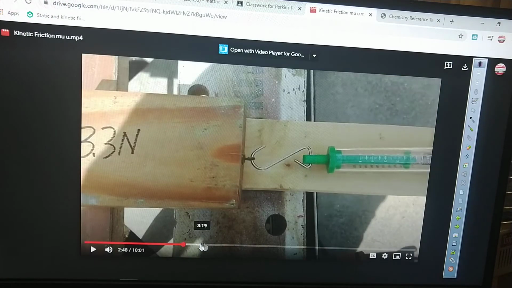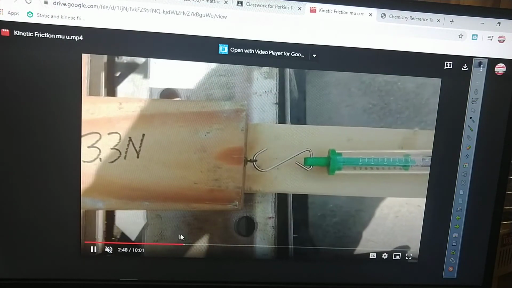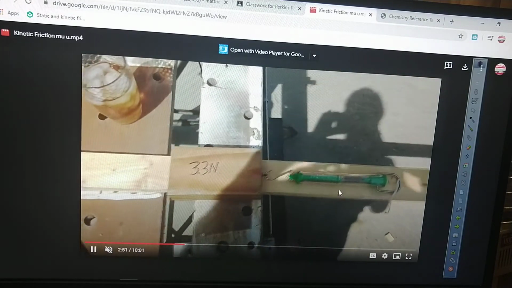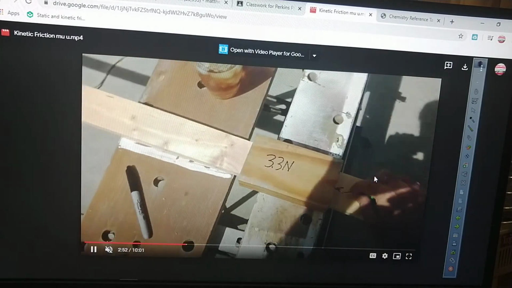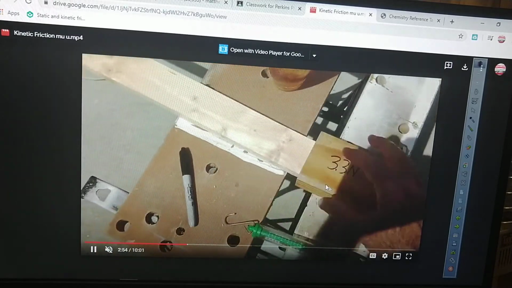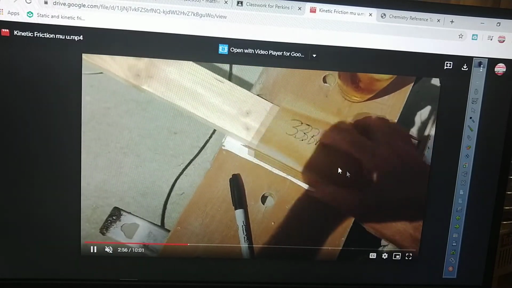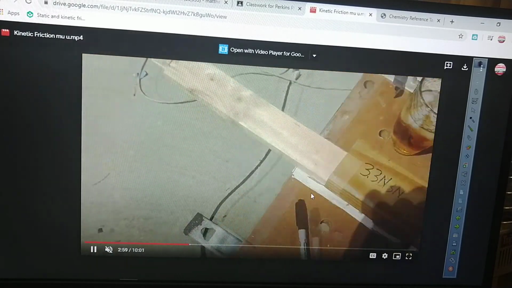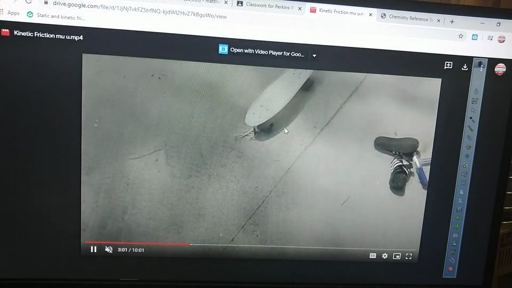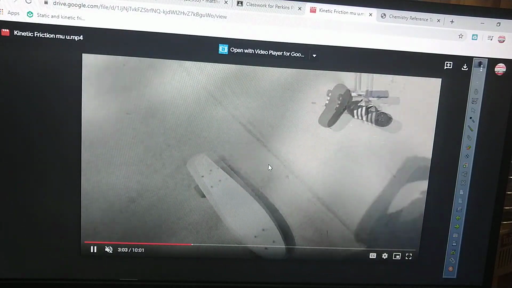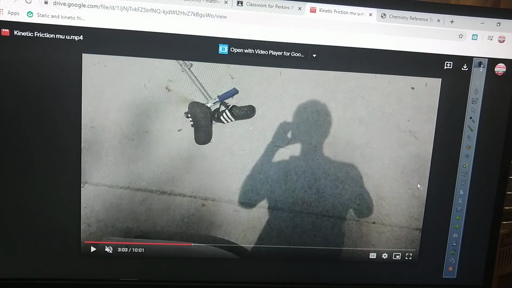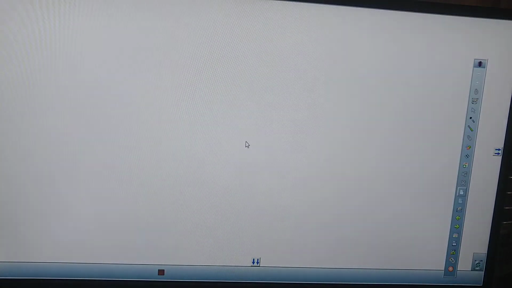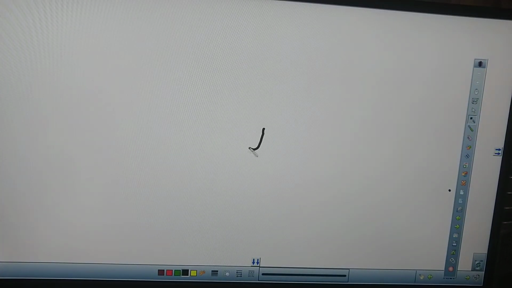The block of wood, we had to try to move it. It was only 3.3 newtons. But it took more force on that spring scale to move that block of wood because it had friction. And the skateboard had wheels, so it had very little friction. Okay, so the letter we use for friction is mu.